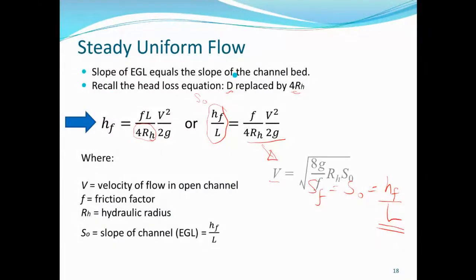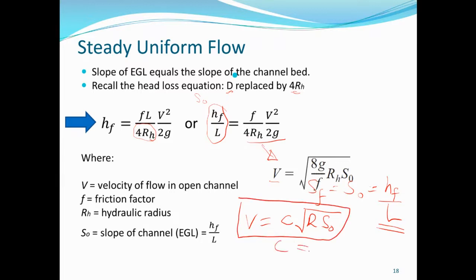Because 8g over f are all constants, they can be replaced with a constant C, giving V equals C root of R S naught. This is called the Chezy equation, where C is the Chezy constant, which is the square root of 8g over f.